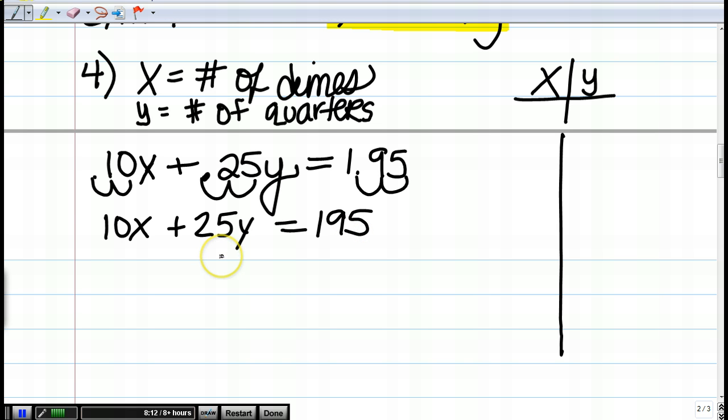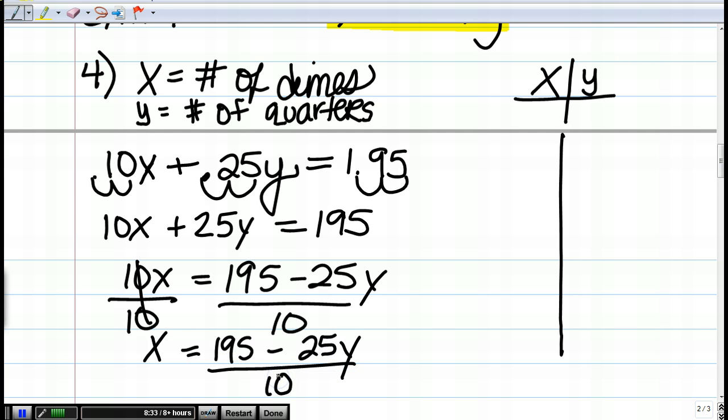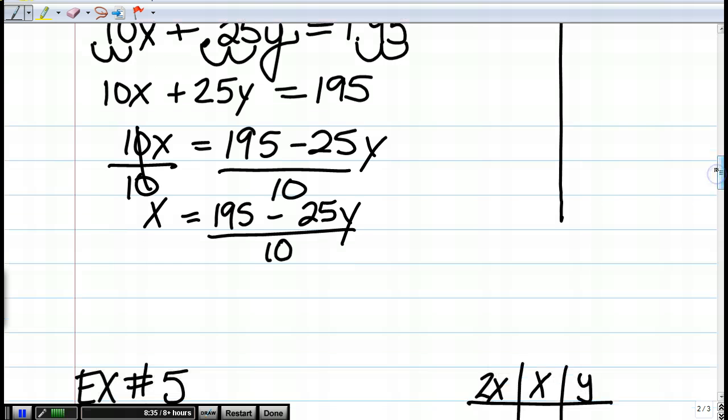And now I'm going to solve for x again, so I'm going to have 10x equals 195 minus 25y. And then I'm going to divide by 10. And since 10 doesn't go into both of them evenly, I'm not going to simplify this. I'm just going to leave it as x equals 195 minus 25y over 10.